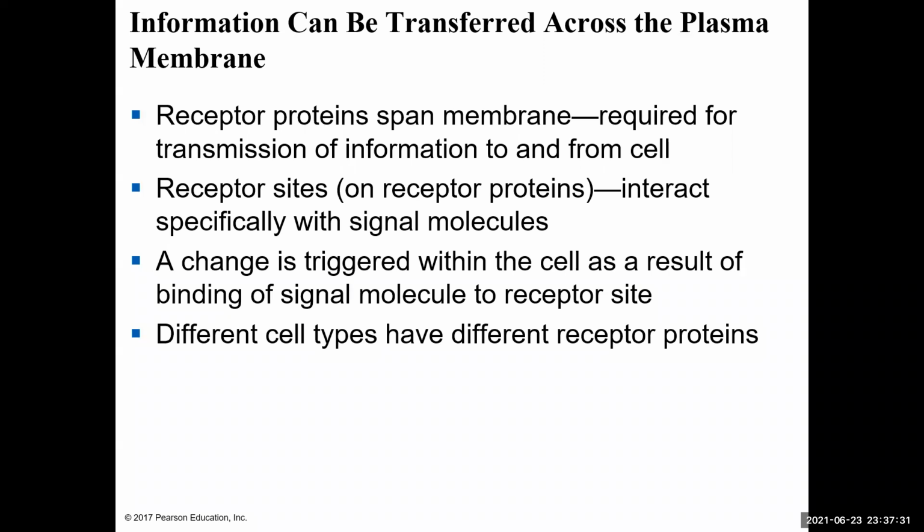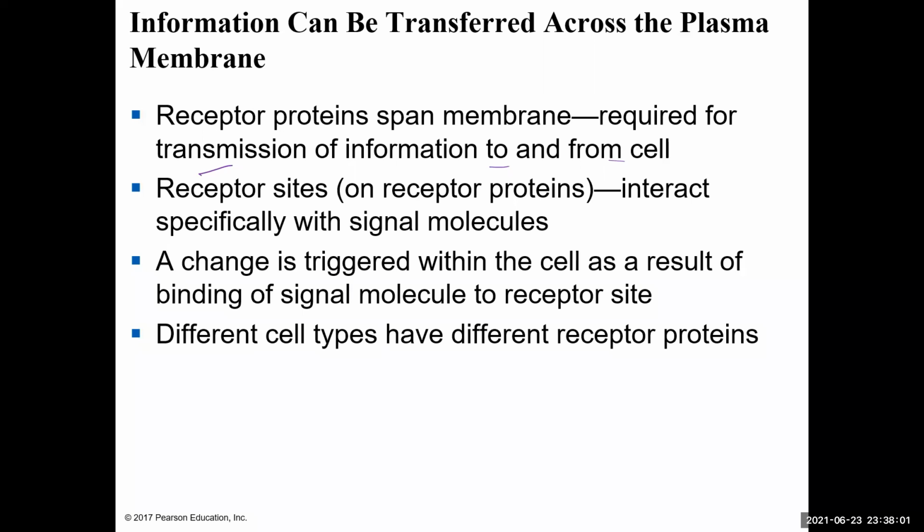These receptor proteins are required for the transmission of information, either to or from the cell. On these proteins, there are specific sites that only can fit certain shaped molecules. And those signal molecules will come in and they'll attach to those receptor sites.